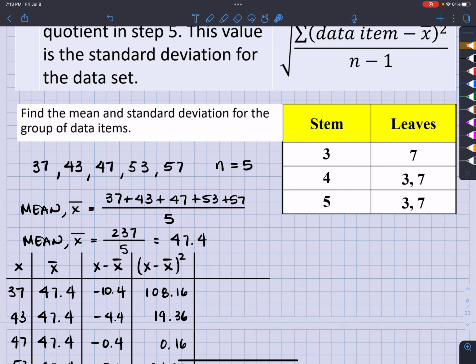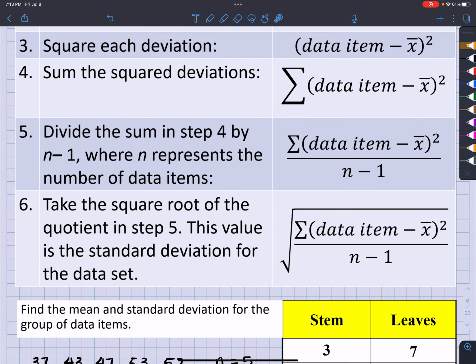So what's my next step? After I square, I'm going to sum the squared deviations.